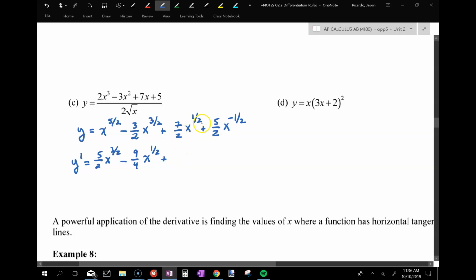Plus, a half times 7 halves is 7/4. A half minus 1 is negative a half. Minus 5 halves times negative a half is negative 5/4. And negative a half minus 1 is negative 3 halves.